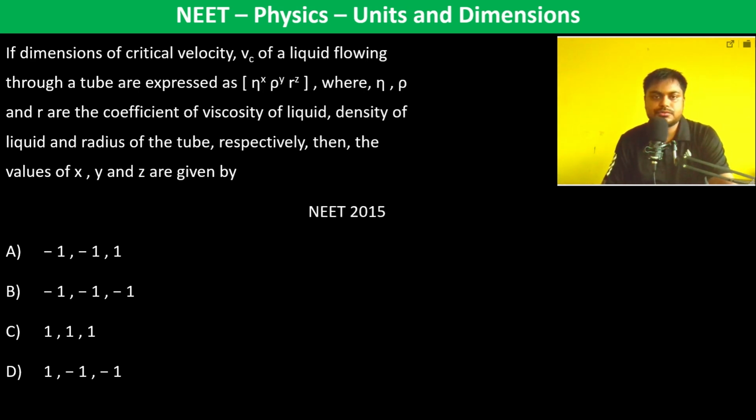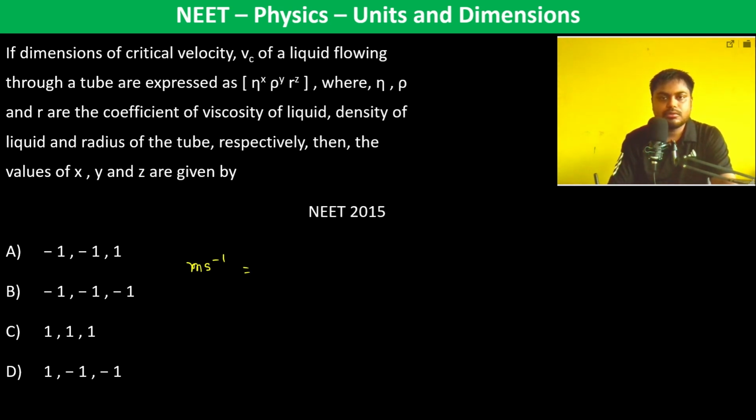The dimensions of critical velocity of a liquid flowing through a tube are this. Okay, so then the values of x, y and z are. So critical velocity is basically in meter per second. This is equal to eta.